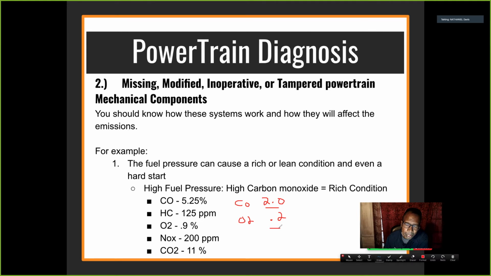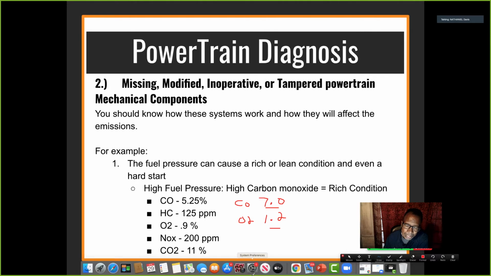But if this CO goes up to 7%, that O2 is going to start to go up also. Because my HC is going to start to foul the spark plugs. You're going to start to get a misfire, not burning the oxygen with the fuel correctly.